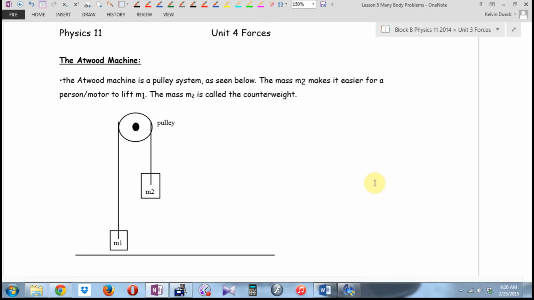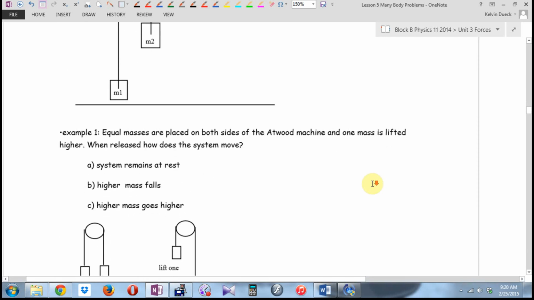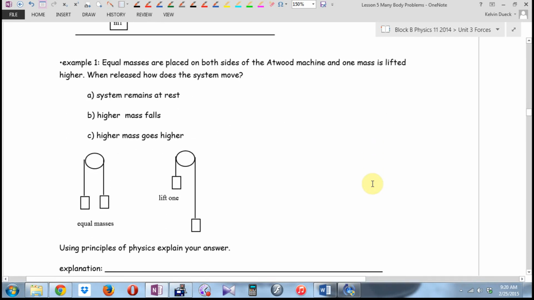Question. Suppose we have equal masses on both sides of an Atwood machine, and one mass is lifted higher. For you guys, it's this one. Okay?